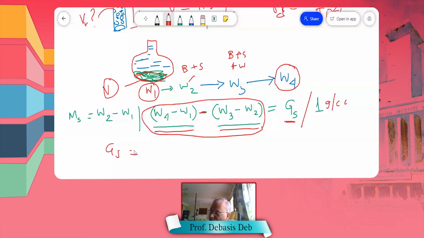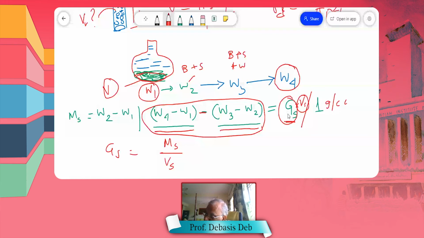I will be able to write, if I write with mass, in the book I have written with weight, so you can always write it with this thing. So this is nothing but basically Vs, the volume of solid. So this is that specific gravity. This is the volume of solid, which space it has taken, and this is the 1 gram per cc for water.